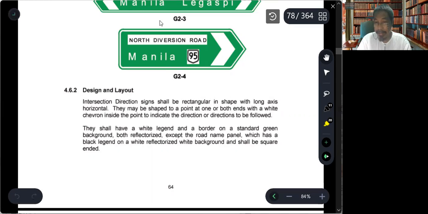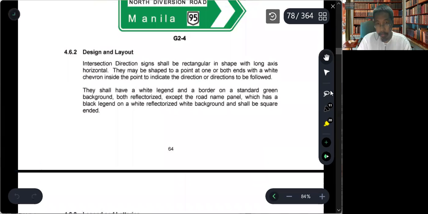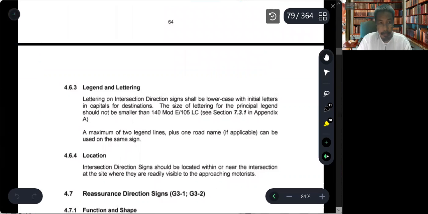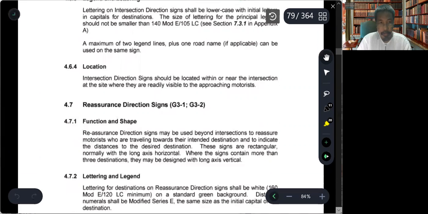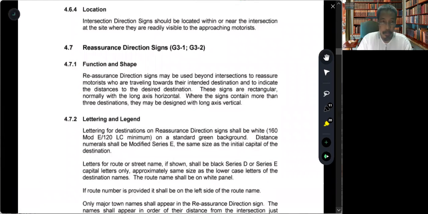Not exactly a rectangle, but there's a corner that looks like an arrow. Okay. Shape of the signboard itself. Location. Intersection direction signs have to be located within or near the intersection of the site, or where they are readily visible to approaching motorists.